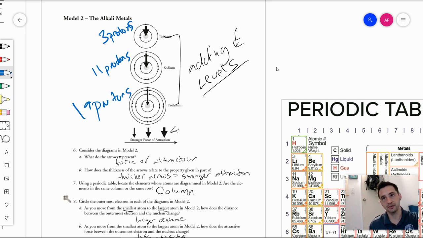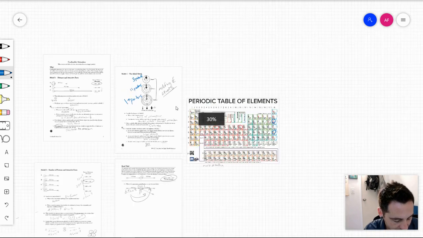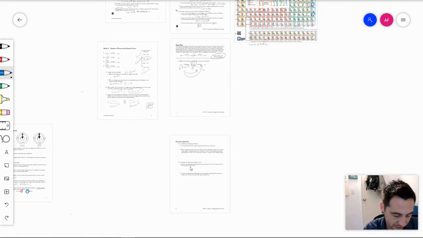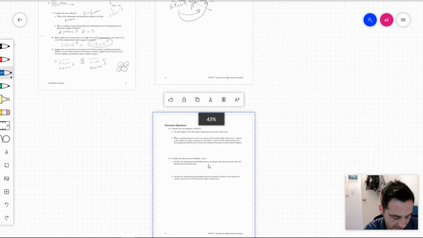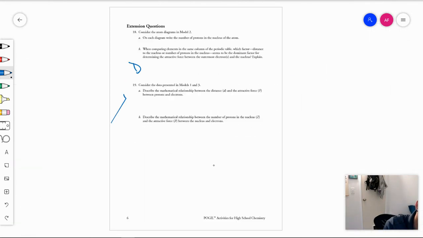As we move down the period, the distance is a bigger factor than the number of protons we're adding. It's really that simple, but that's important to know. So distance matters more.